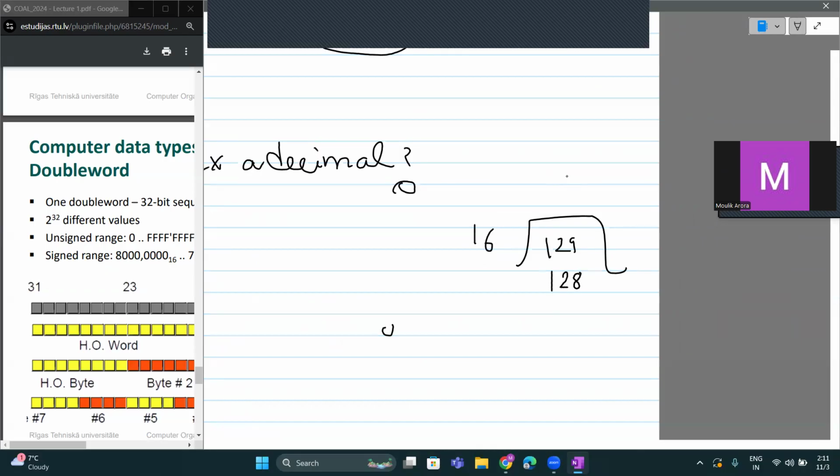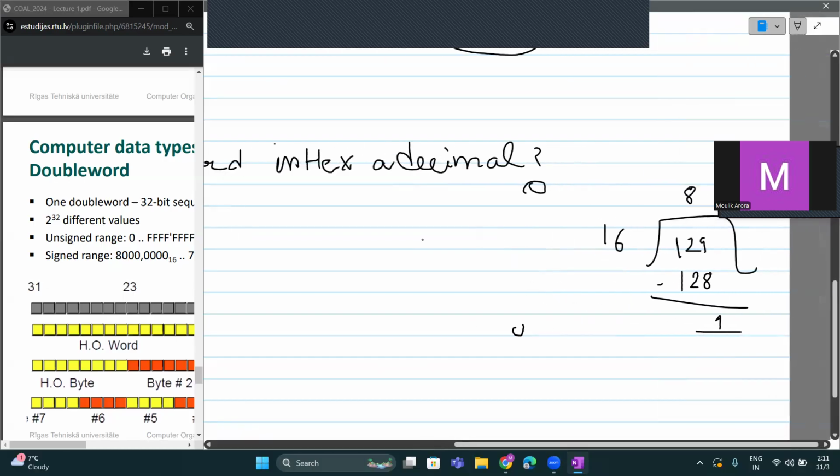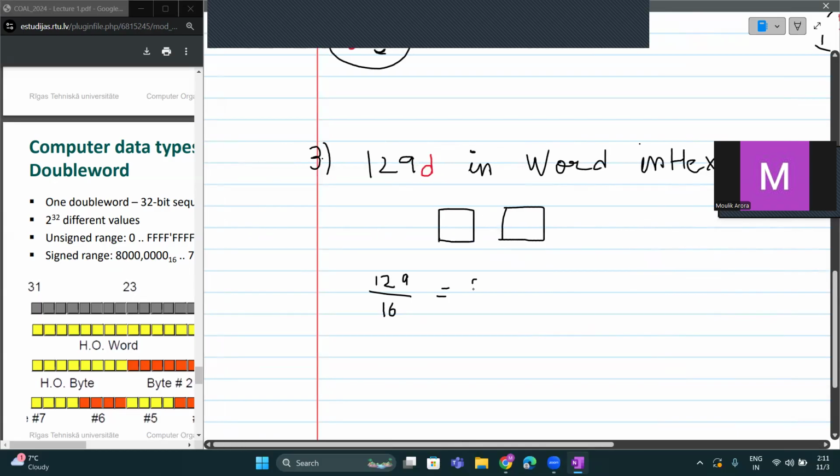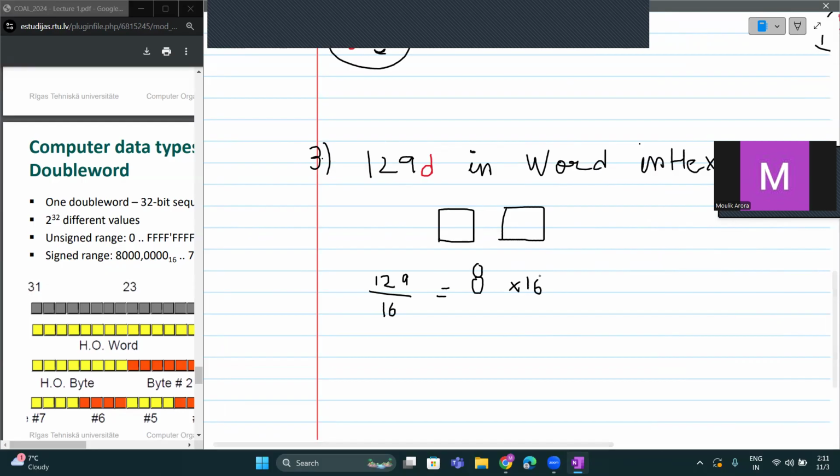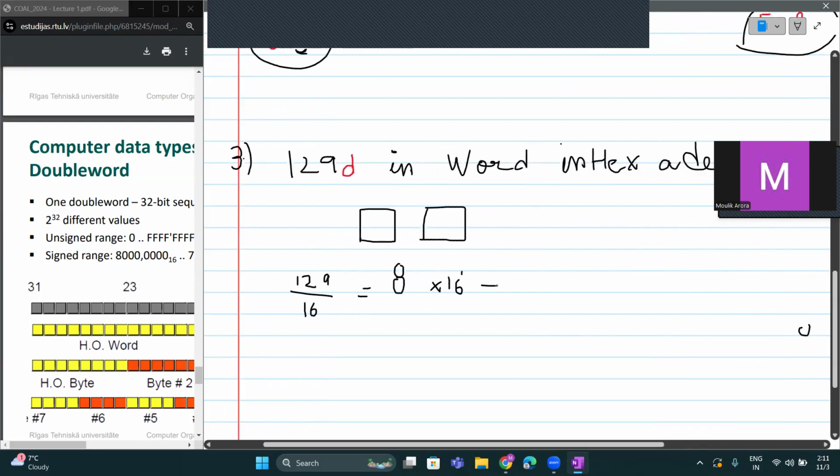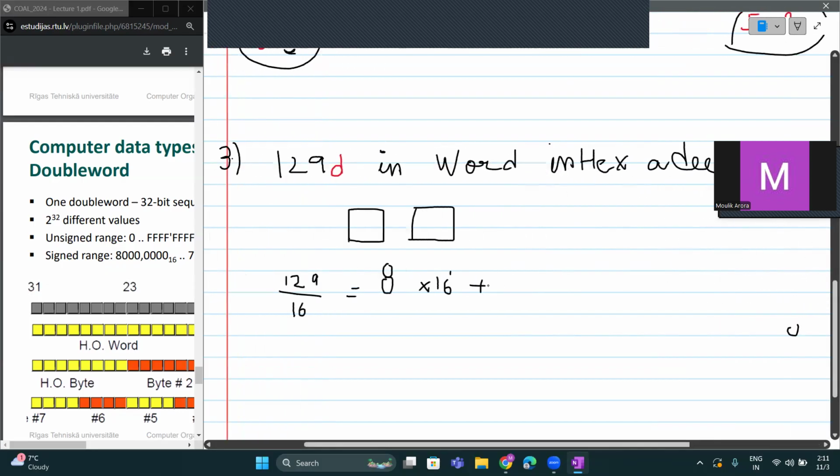That is 8 times, and the remainder is 1. So what we got here is 8 times 16 power 1 plus 1 times 16 power 0.